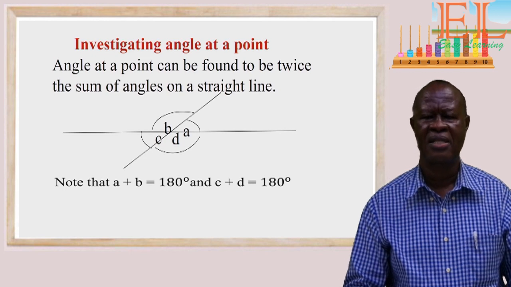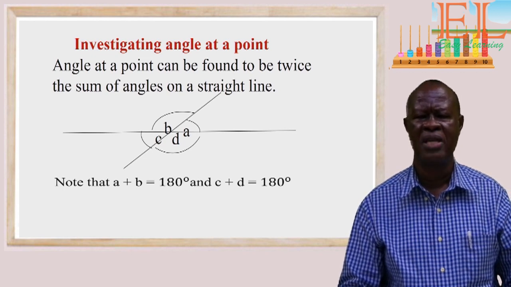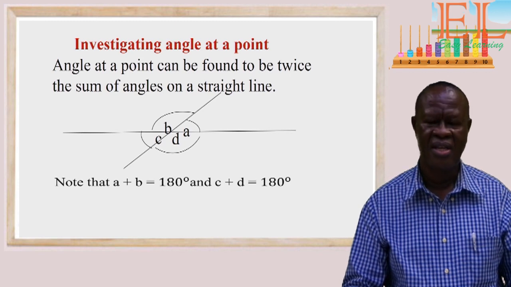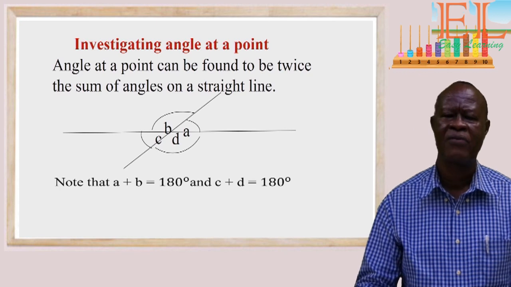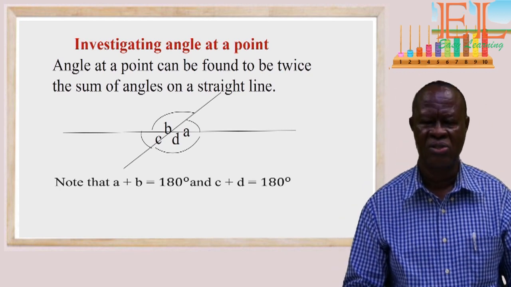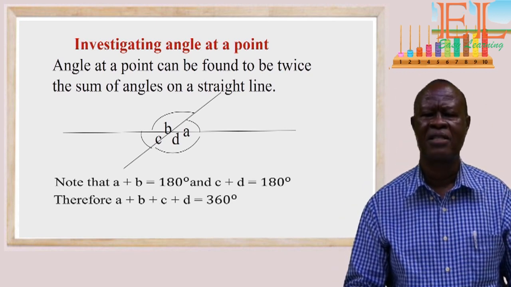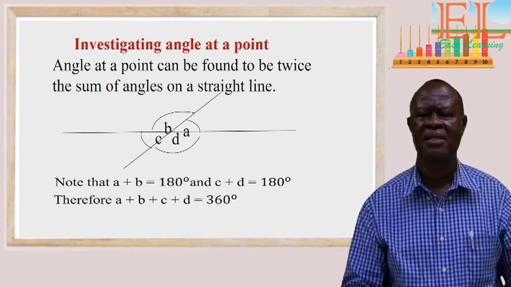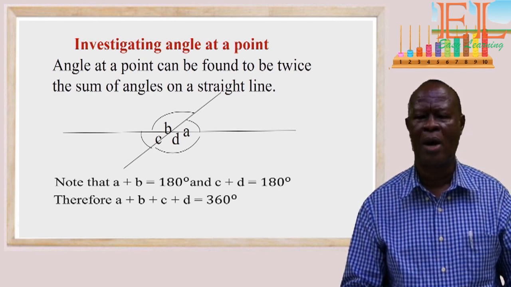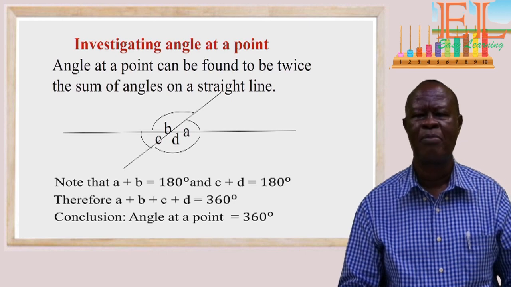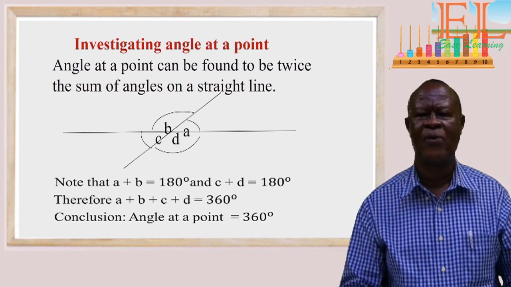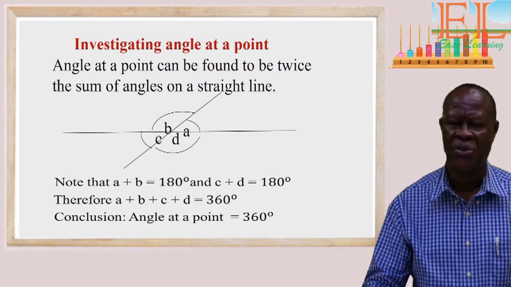So A plus B gives us 180 degrees, and angle C plus D gives us 180 degrees. Therefore, the sum of all four angles, A plus B plus C plus D, equals 180 plus 180, which is equal to 360 degrees. So we can say that the angles at a point add up to twice the sum of angles on a straight line, which is 360 degrees.